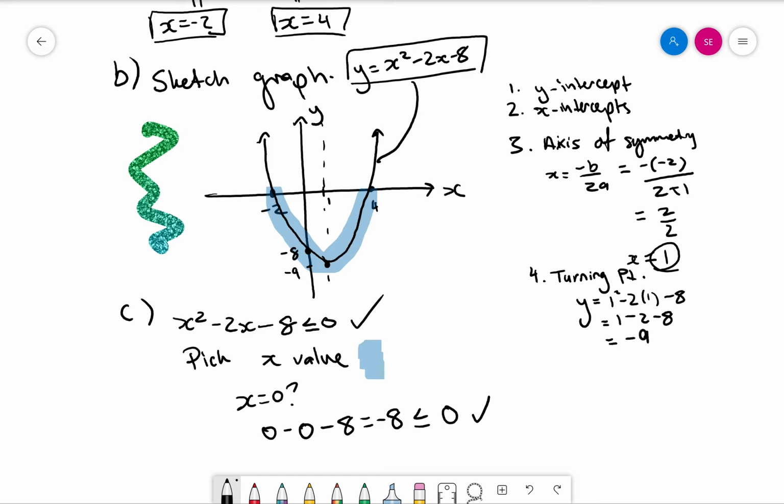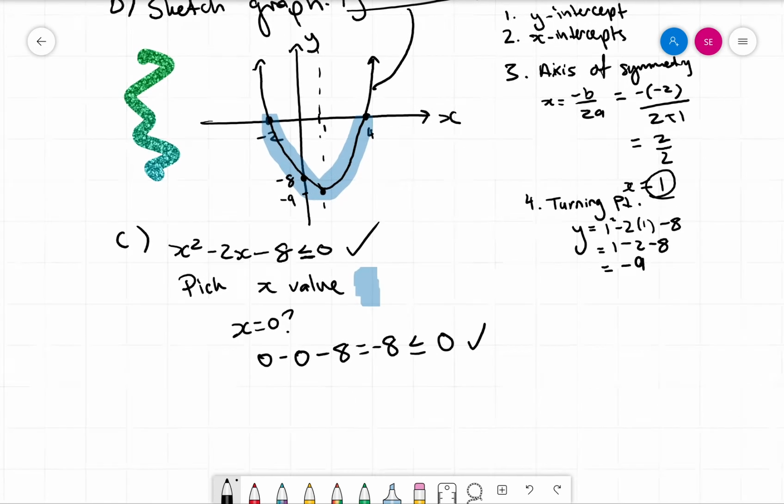Okay, now something just to note as well is that it includes the points of interception as well, because we have less than or equal to. But a good way to see if you're correct is you need to just sub in some x values here in the colored region.